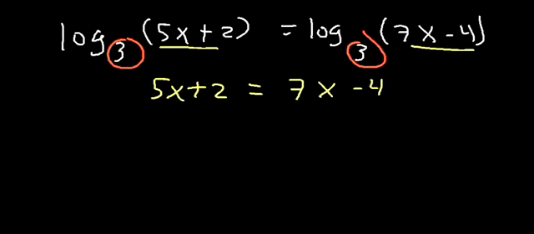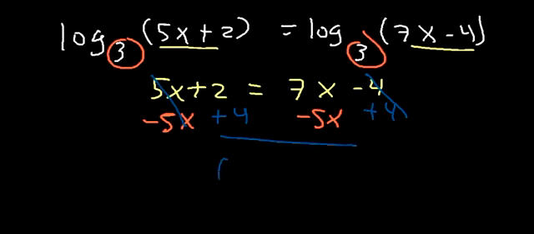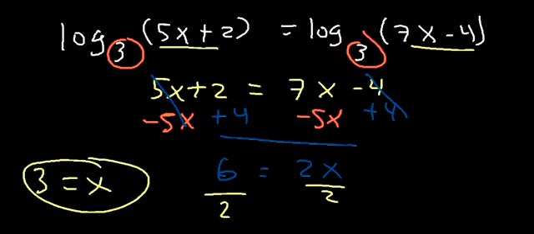And then solve for x. So let's subtract both sides by 5x, and simultaneously, let's add 4 to both sides. So that cancels, that cancels. So we have now 6 is equal to 2x. And then divide both sides by 2. 6 divided by 2 is 3. So x is 3.